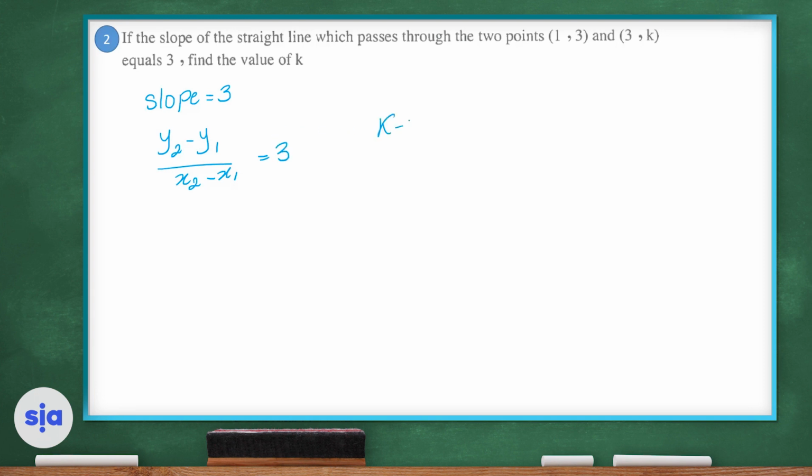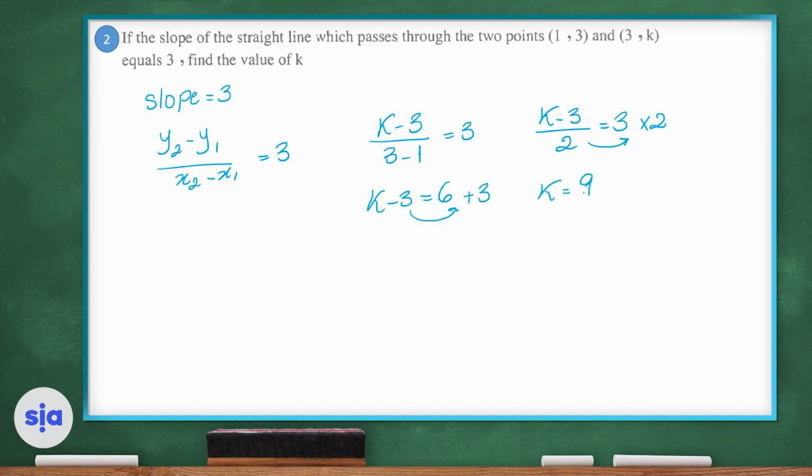So it's k minus 3 over 3 minus 1 is equal to 3. Then k minus 3 over 2 is equal to 3. If you move this here with a multiplication, then k minus 3 equals 6. If you move this here with addition, then k equals 9.